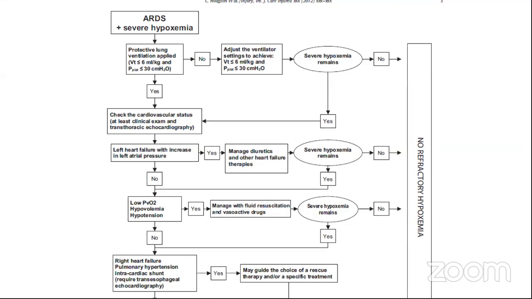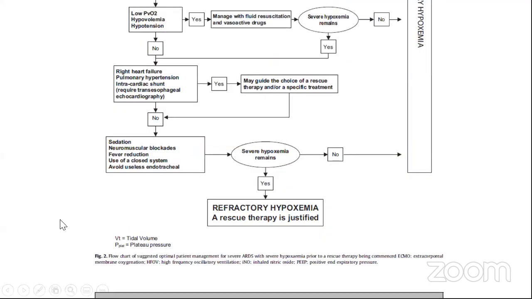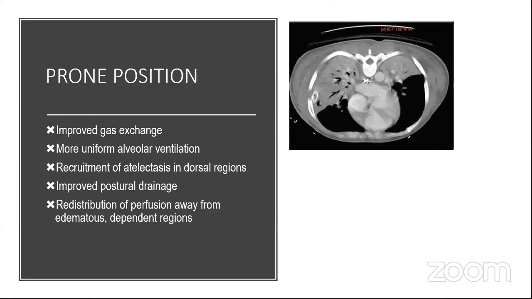Of course, don't forget that your patient should be well sedated, give him muscle relaxant, and you should treat other causes like infection. So if you are correcting these causes, improving the right side and left side of the heart, maintaining intravascular volume status, your patient is well sedated and on muscle relaxant, you have to start your rescue therapy.